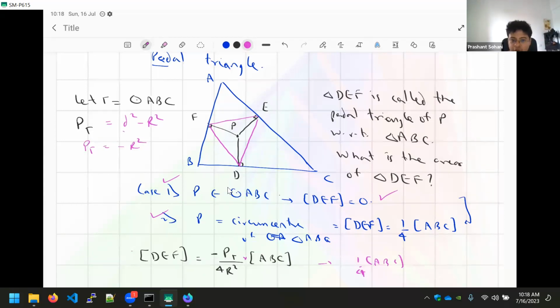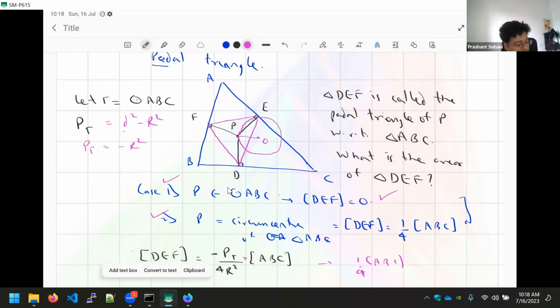But what I'm interested in showing is that for any position of point P, this is true. You see, it's actually very interesting that the area of the pedal triangle only depends on the distance from the circumcenter. So if this OP distance is constant, I can think of a circle of some fixed radius centered at O. If this point P moves around this circle, the pedal triangle's shape will change so much, but its area does not change.